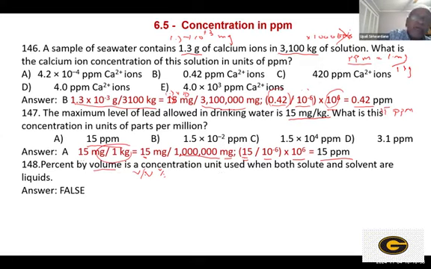Percent by volume is a concentration unit. We use it when both solute and solvent are liquids. That's correct. Percent volume is volume by volume. Therefore, both solute and solvent are liquids.